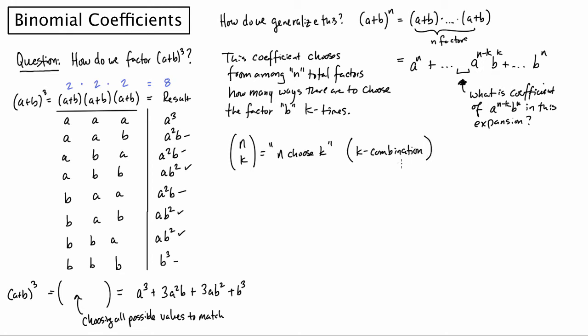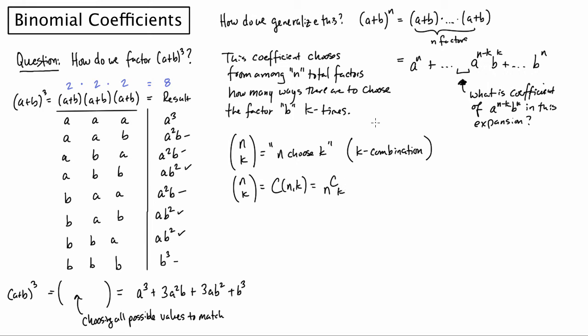Now, in general, when we think of n choose k, there are several different notations that are used. The primary notation is the one that I'm exhibiting here, which is the binomial coefficient notation. Another popular notation is the C in K notation, just to designate that it's a combination. And then finally, you'll also see this notation as well.